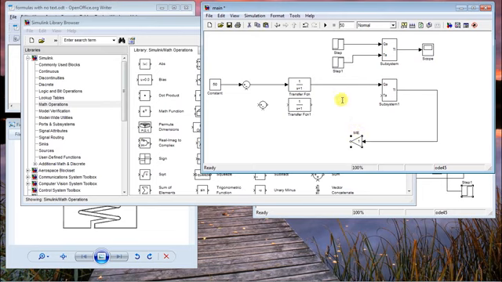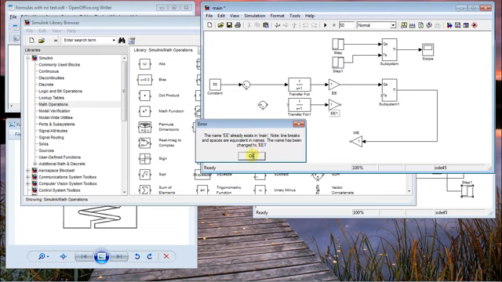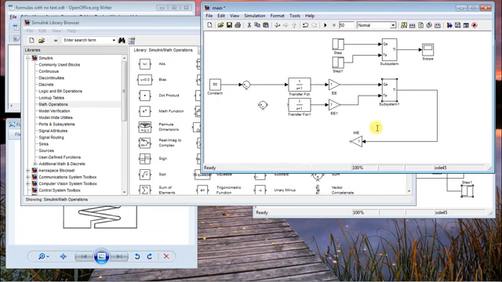I'm going to use the same for an execution element. And I'm going to close the negative feedback loops, sorry.